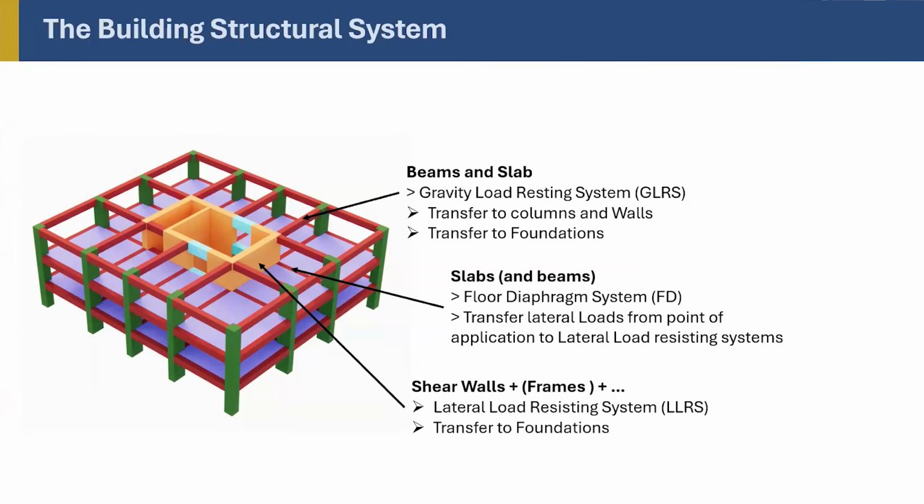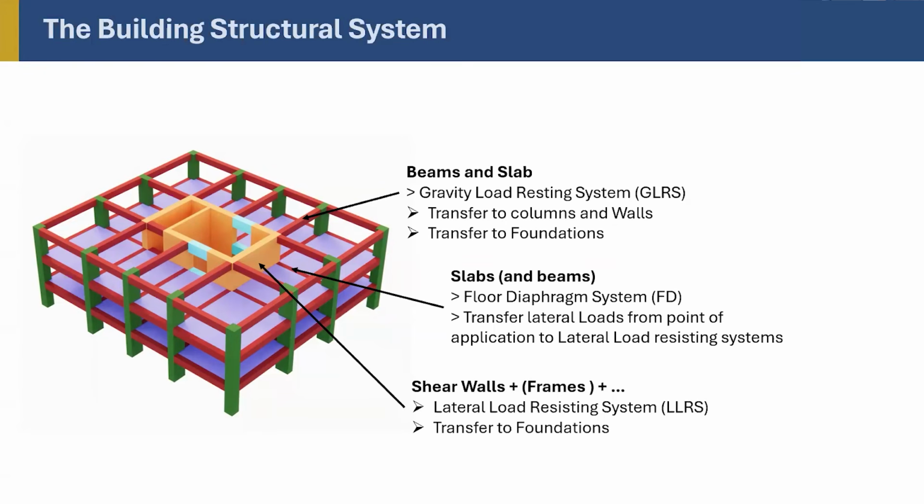And then, of course, you have the lateral load resisting system, which consists of the shear walls and the frames and many things. I put a dotted line here because I showed you lateral loads can be resisted in many ways. Shear walls, diagrids, tubular systems, so many things. So we will look at some of them. We need to make sure that the gravity load is transferred using the least amount of weight or material.